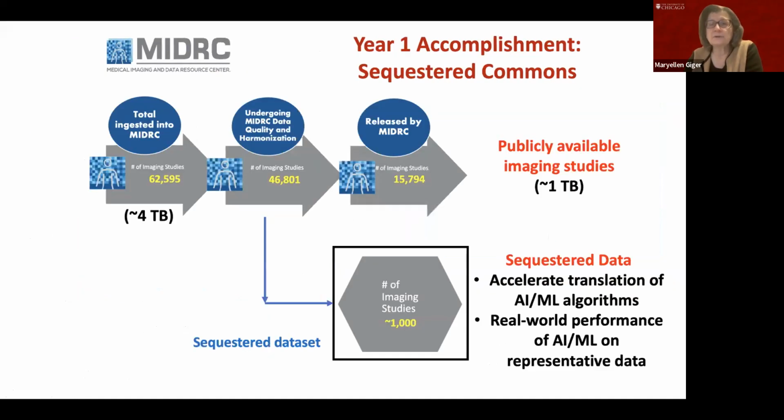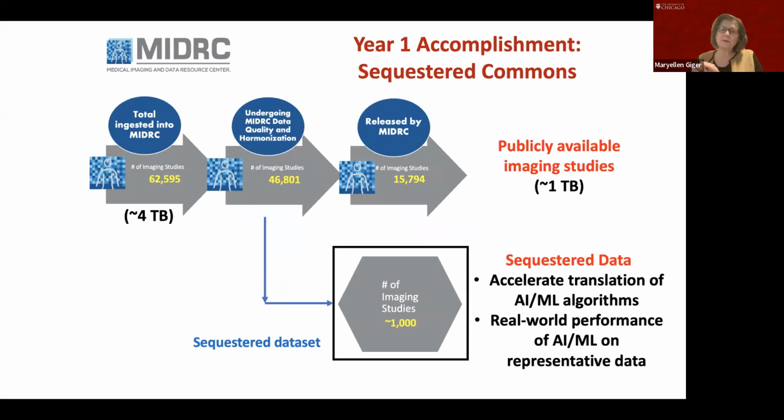I had mentioned the sequestered commons. As data is going through checks here, we pull off about 20% to the sequestered commons. This will not have any access. We will use this if an investigator or potentially a company wants their system evaluated in an independent way, saying, this is my medical claim, this is my medical question, this is my population that I'm going to base my claim on, can you test it?